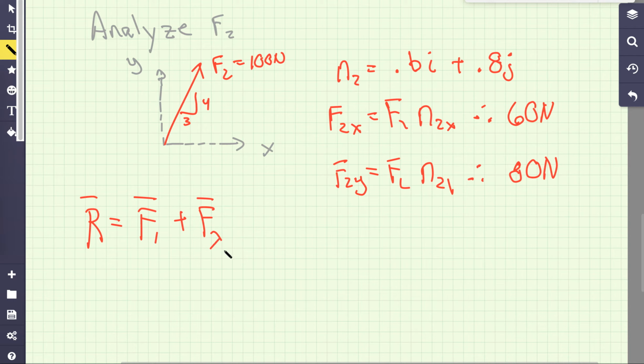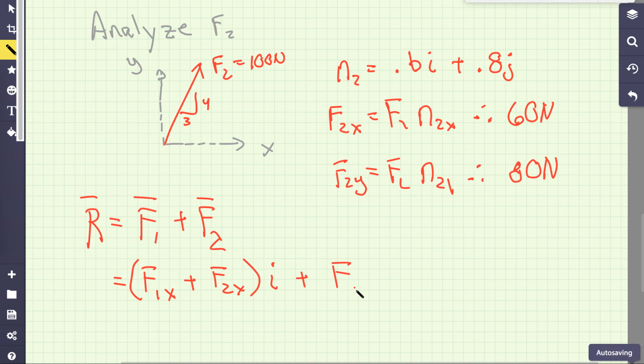But if we break that out into component form, it's equal to F1x plus F2x, in the I direction, plus F1 in the Y direction plus F2 in the Y direction, in the J direction.